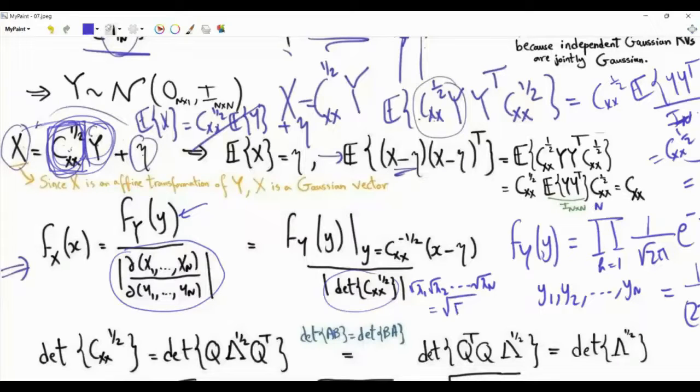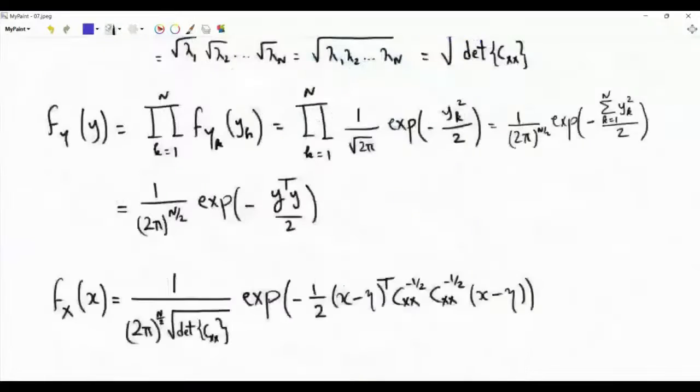And so it is the square root of the product of the lambdas. And the product of the lambdas, those are the eigenvalues of Cxx itself. So in the denominator here, we have the square root of the determinant of the covariance matrix Cxx. Okay. And so this is the distribution of the y.